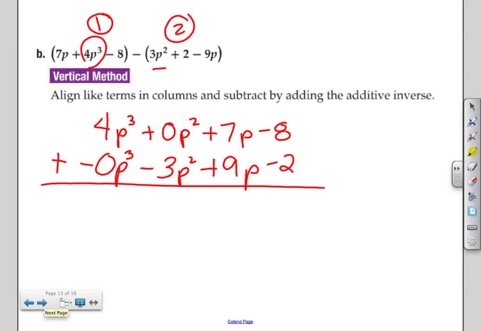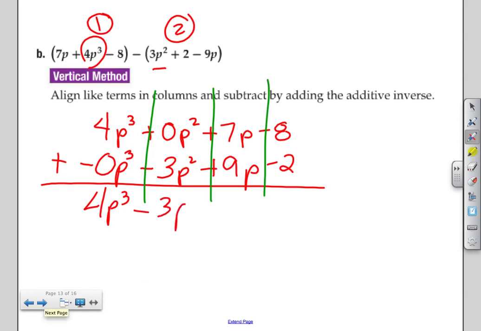All right, again, remember we're going to add all of these guys. So 4p cubed and 0p cubed is 4p cubed, and 0p squared and negative 3p squared is minus 3p squared, and 7p and 9p is plus 16p, and negative 8 plus a negative 2 is a negative 10.